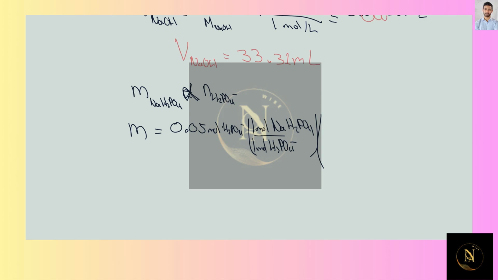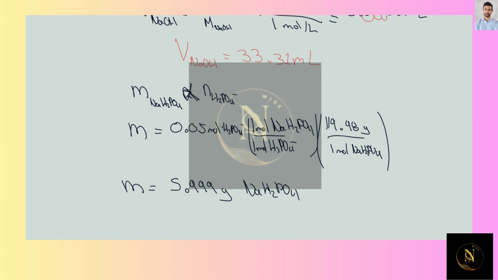The molar mass is going to be equal to 119.98 grams per mole, so 119.98 grams in 1 mole of NaH2PO4. So the mass is going to be equal to 5.999 grams of NaH2PO4.